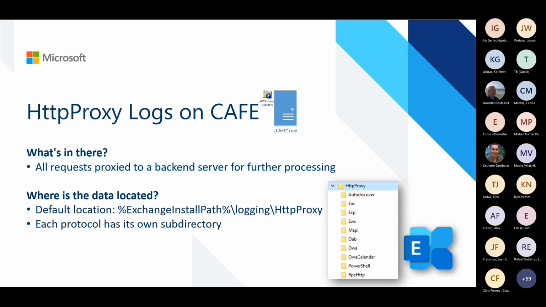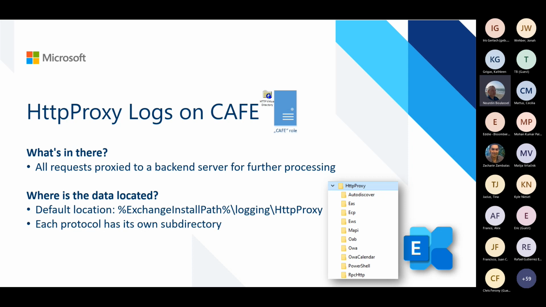Typically, if you installed it in the normal way and not modified the location, it goes into Logging HttpProxy, and each of the protocols has its own subdirectory. So here in MAPI, you will see all the calls from a MAPI HTTP client.